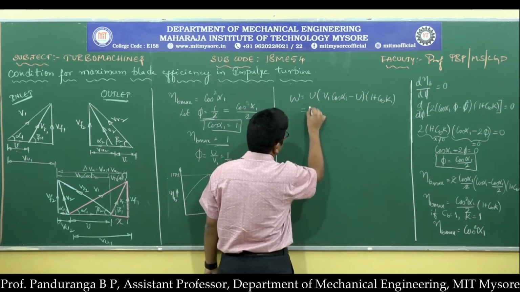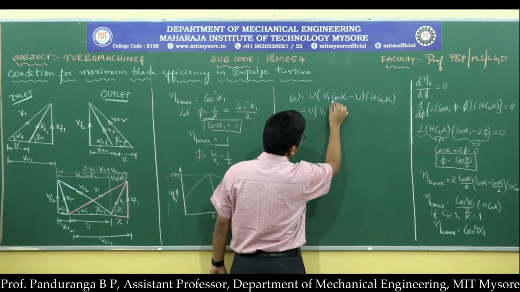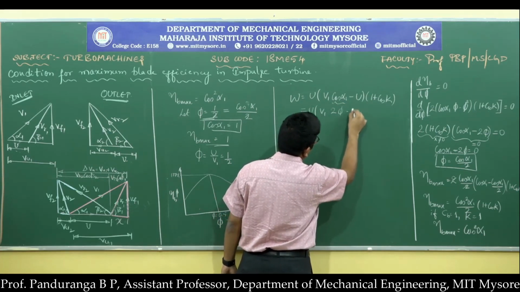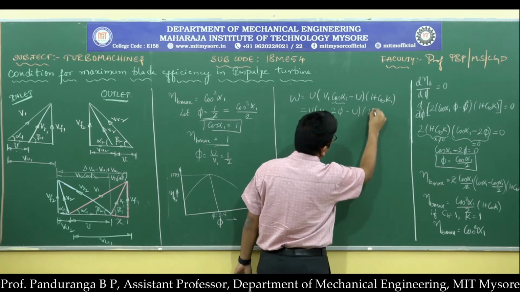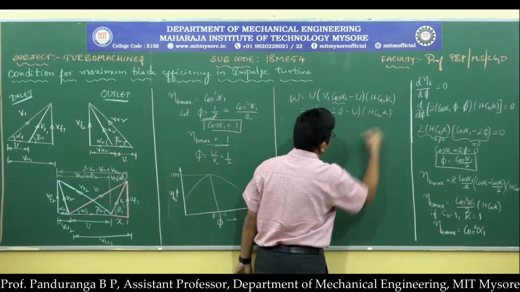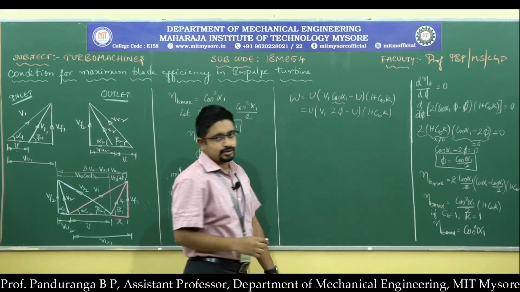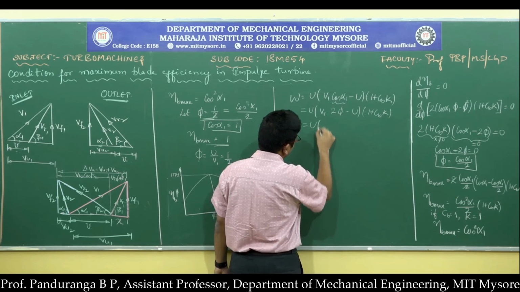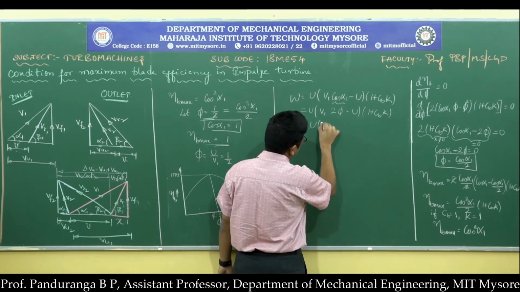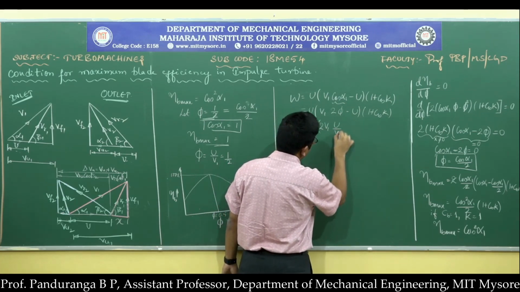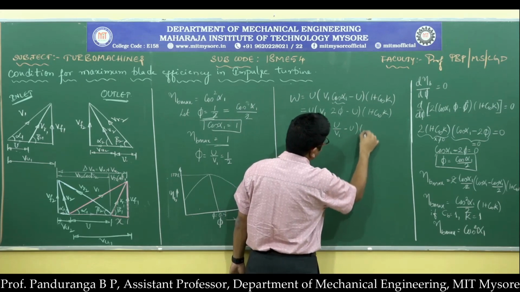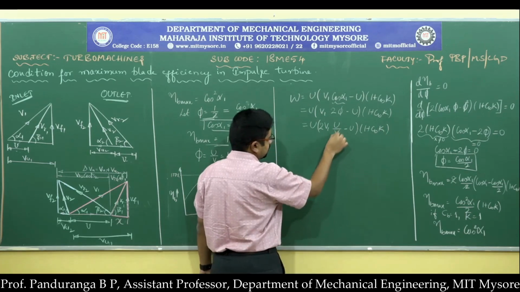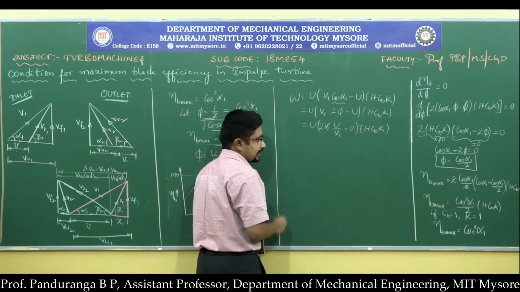So in this equation, U into V1, in place of cos alpha 1, I will write 2 times phi, minus U into 1 plus Cb K. And I know phi is U by V1, so I will substitute that. So I have U into V1 into 2 times V1 into U by V1 minus U into 1 plus Cb into K. Now I have V1 in the denominator and the numerator, so I can cancel that.